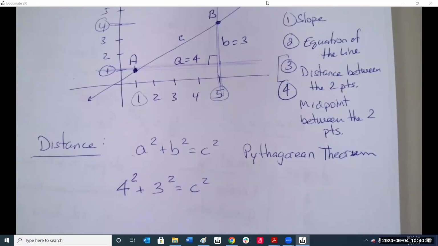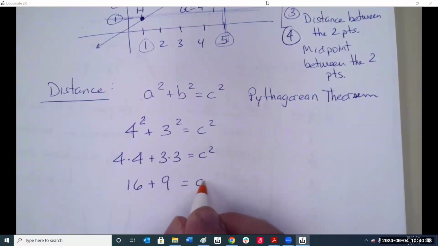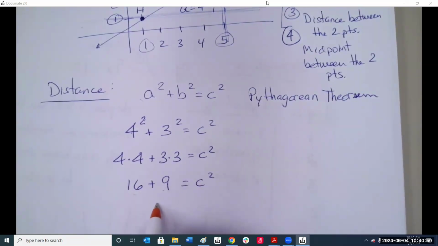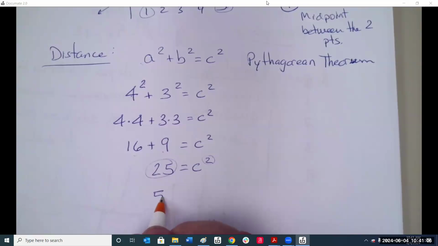We can solve for C squared now. What's 4 squared? It's 4 times 4, which is 16. 3 times 3 is 9. 16 plus 9. So we're looking at what number squared is 25. So we can say that 5 squared equals C squared.